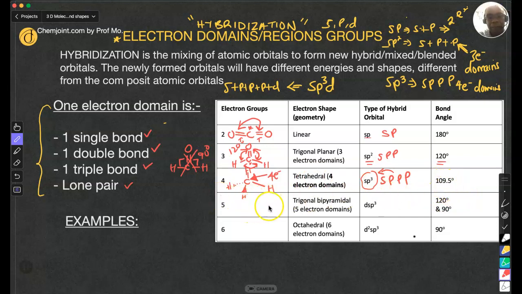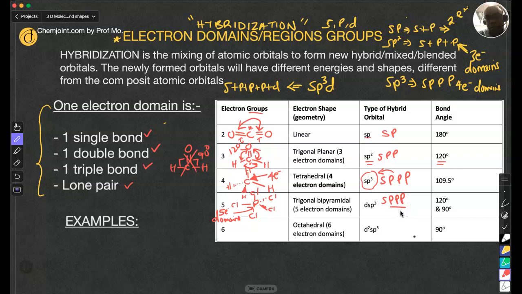You'll see that later. Trigonal bipyramidal is showcased by, for example, phosphorus pentachloride. That P right there has 5 electron domains. Okay, 5 electronic regions or groups. Groups, domains, regions, same thing. So we expect sp3d.